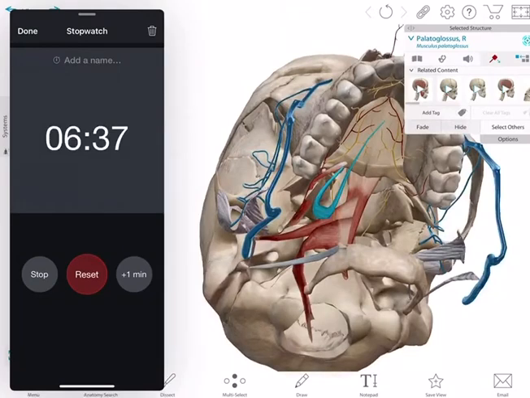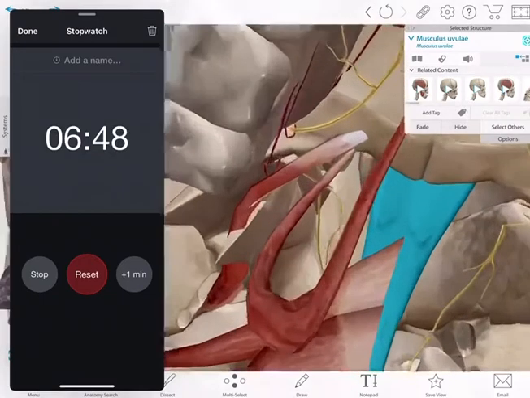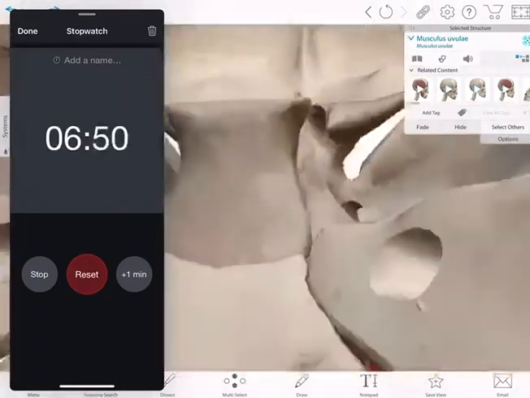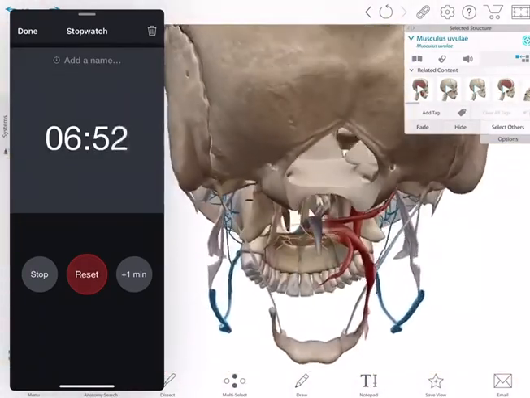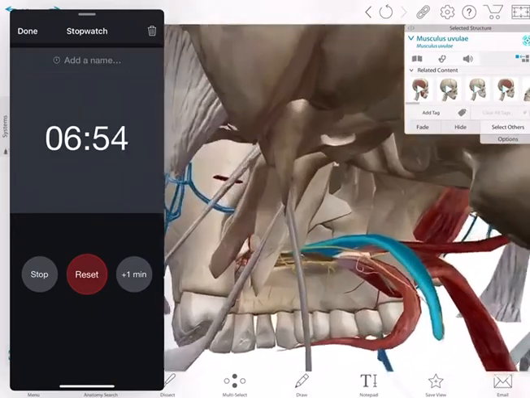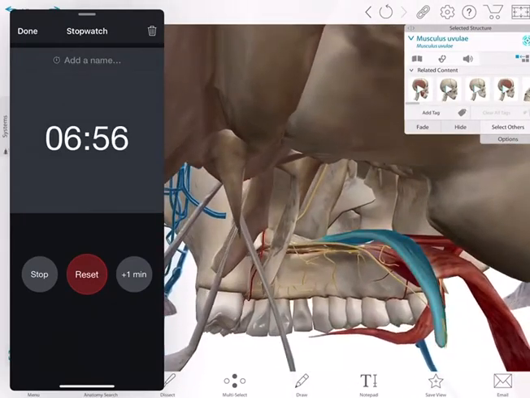The last muscle we want to talk about is musculus uvulae. Musculus uvulae takes origin from the posterior nasal spine of the hard palate. We can see it clearly from here. The origin is from the posterior nasal spine of the hard palate. Insertion is into the connective tissue of the uvula.